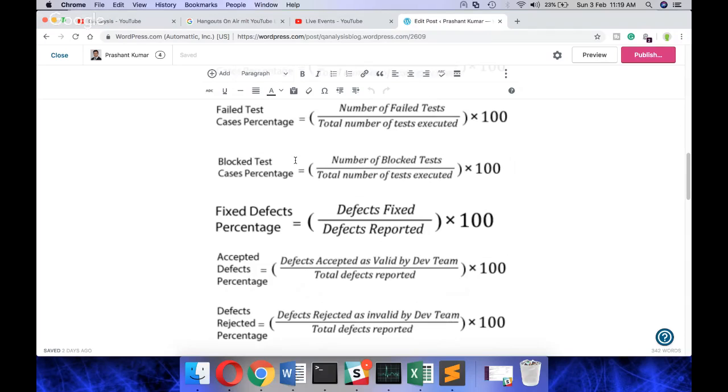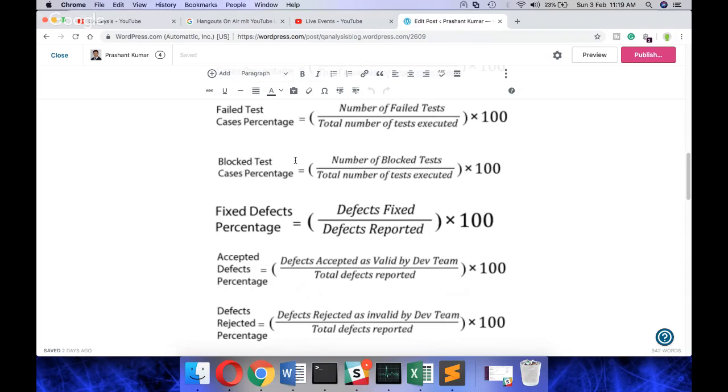So let's say out of 200, 150 were accepted by dev for a sprint or a release, out of which 100 were fixed. So 100 by 150 into 100 will give you the fixed defect percentage. In this way, you can find the percentage of fixed defects.